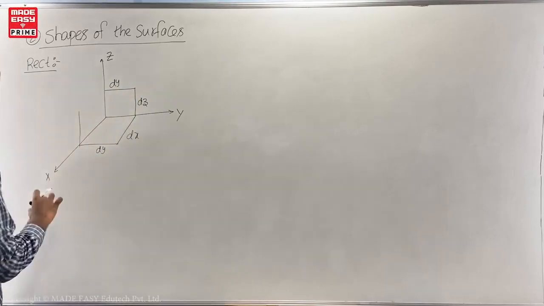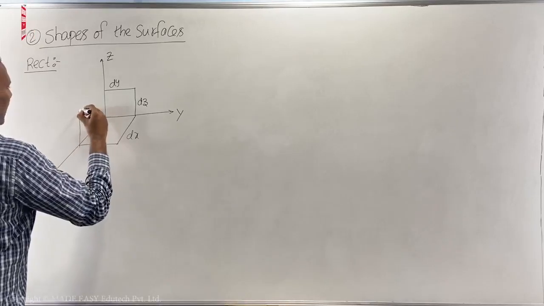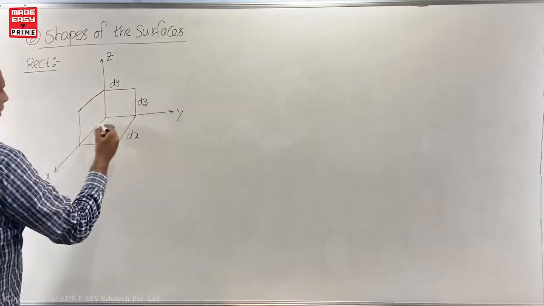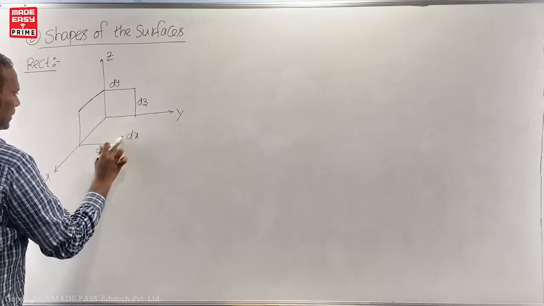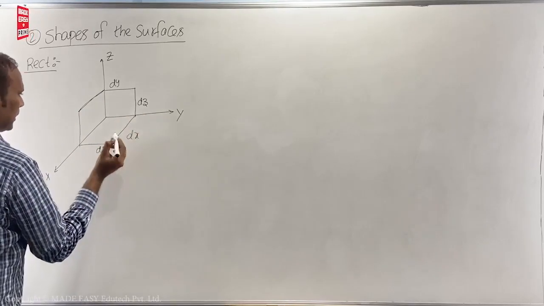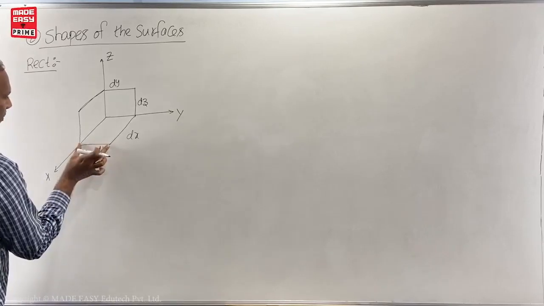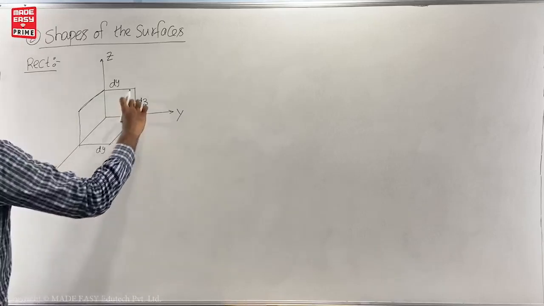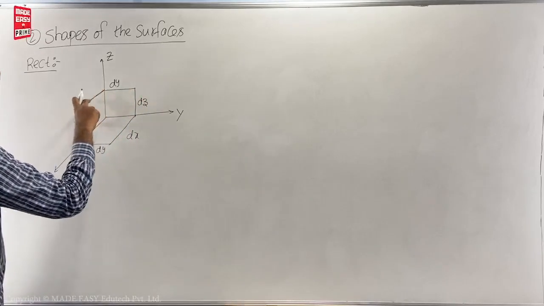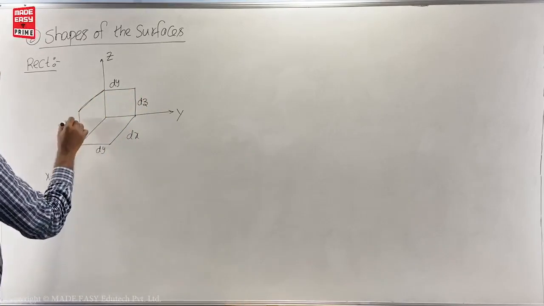And here I will draw a line parallel to the x-axis. Of course, it is a little bit like this, because I have to make this dy. Then this one is dz, this is also dz.